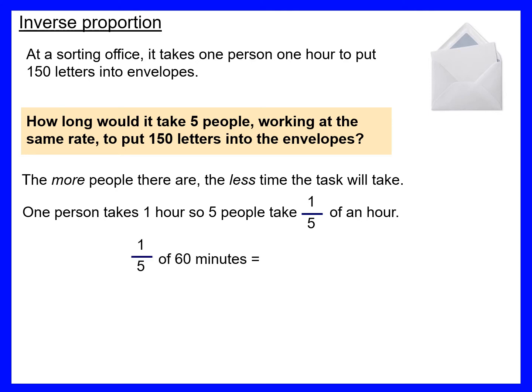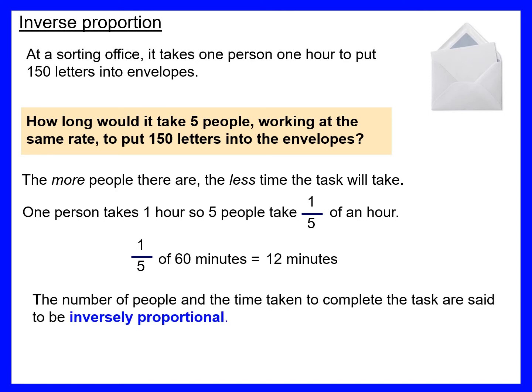So 1/5 of 60 minutes means it should take them 12 minutes. The more people we have, the less time it's going to take us to put those 150 letters into envelopes. So the number of people and the time taken are said to be inversely proportional. As the number of people got bigger, the amount of time got smaller, but it does it at the same rate.